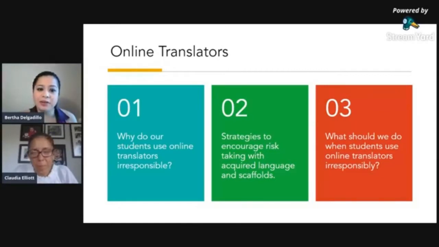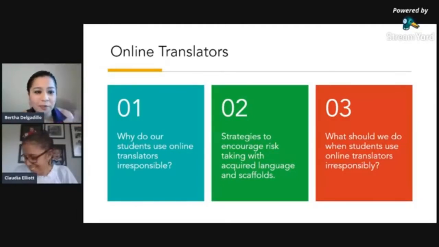The second thing we're going to discuss is strategies to encourage risk-taking with acquired language, and scaffolds, because one way we can minimize translator use is using scaffolds in the language classroom.